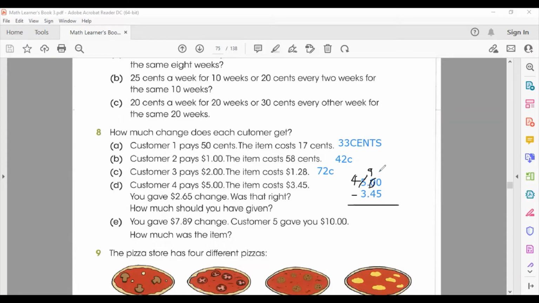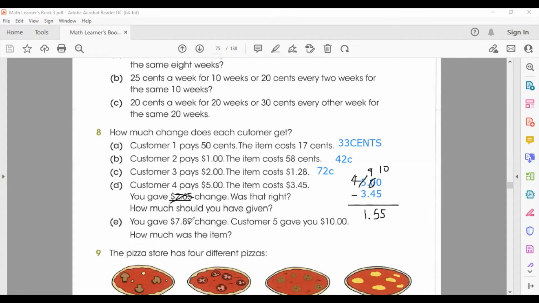So 10 minus 5, we write here 5. 9 minus 4 equal also 5. And 4 minus 3 equal 1. So we write here the dot, then 1. $1.55 should be paid, not $2.65. It's wrong.